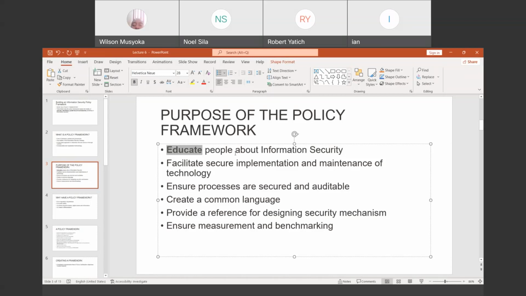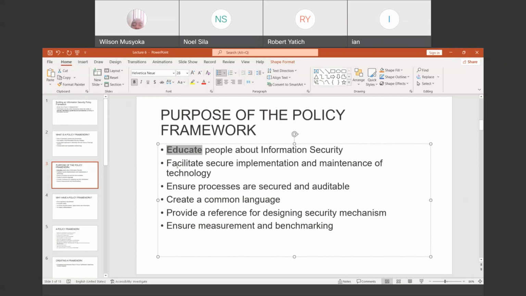We'll also look at the information that is stored within the organization and also being transmitted over networks, whether within the organization or between the organization and other stakeholders. So all of these need education: the information that is stored, the information that is being transmitted. We also need to provide information regarding the hardware and software within the organization.